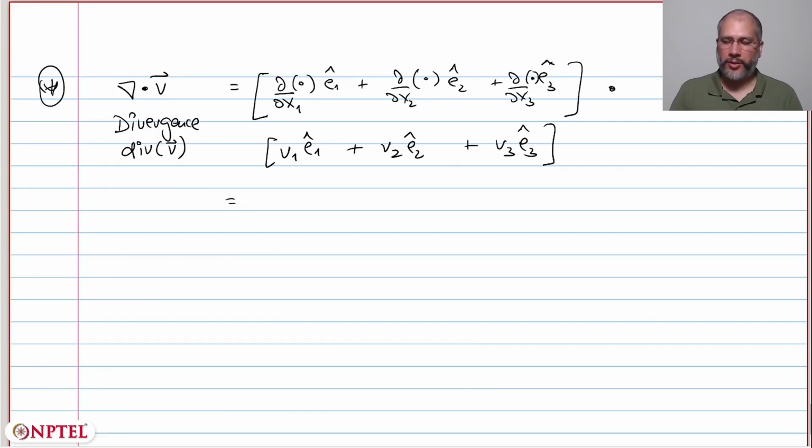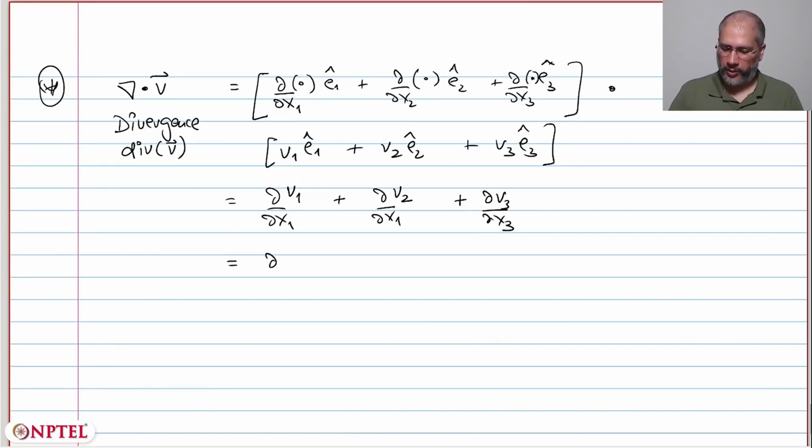If I expand this, this will simply become the first component of the first vector times the first component of the second vector plus the second component of the first vector times the second component of the second vector, and so on, up to del v3 by del x3.